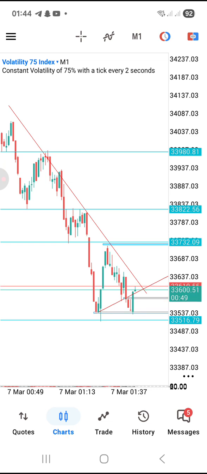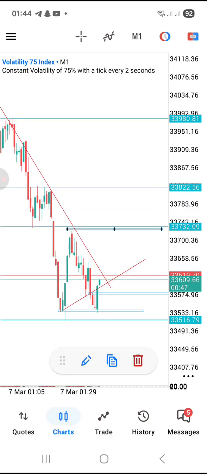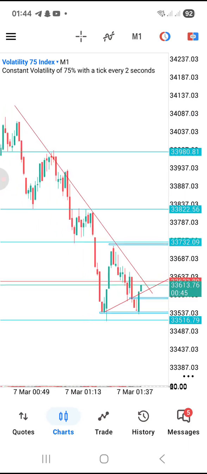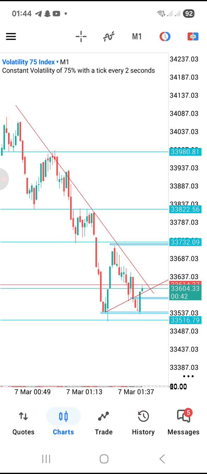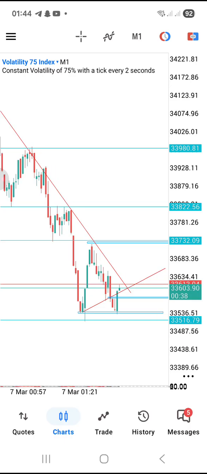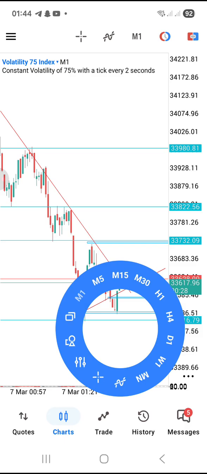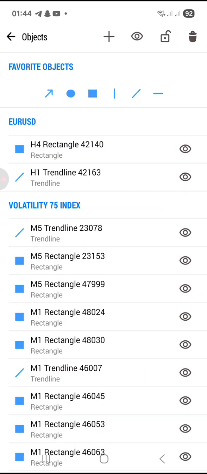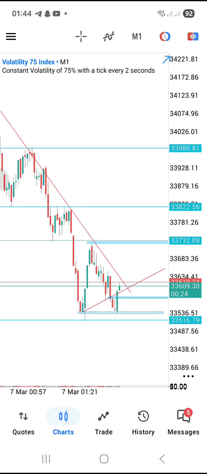If not, if it breaks this higher high, then it may be suggesting a temporary switch in the 1 minute time frame. Then we look at if we're going to take a quick buy or we just keep waiting for a sell. Right now we're waiting for a sell.